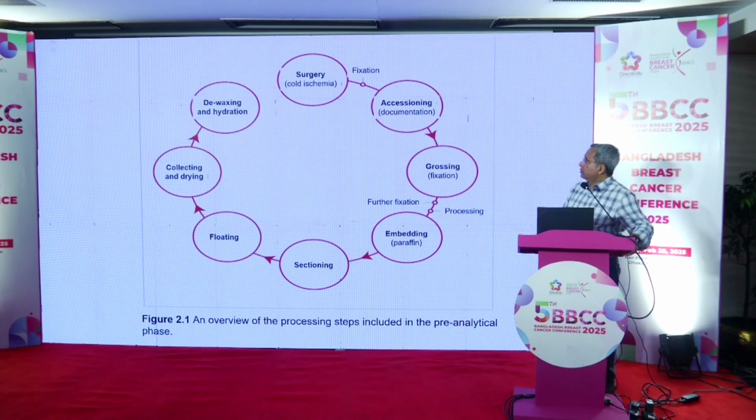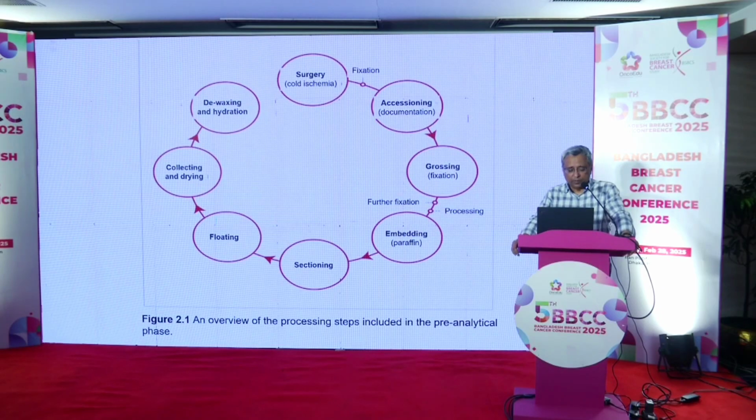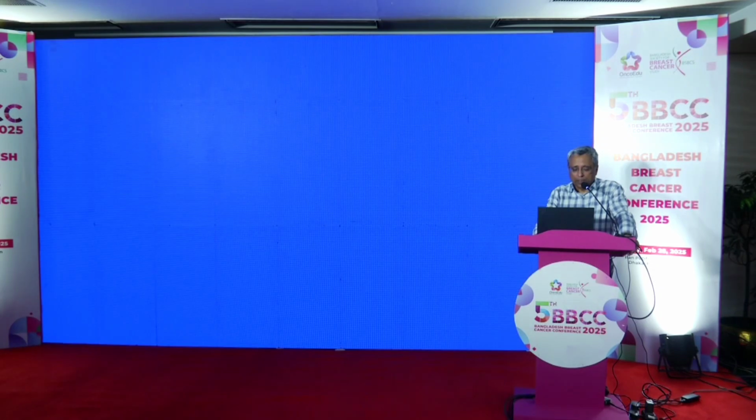So this is just the flow diagram showing the different steps of the pre-analytical phase, starting from surgery, going on to accessioning of the sample, to grossing, all the way to paraffinization, sectioning and all that.